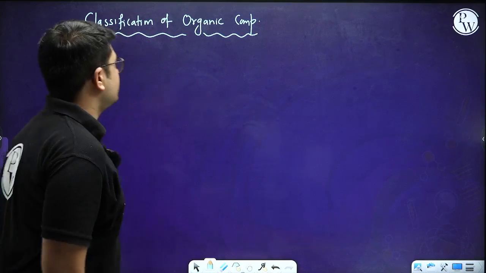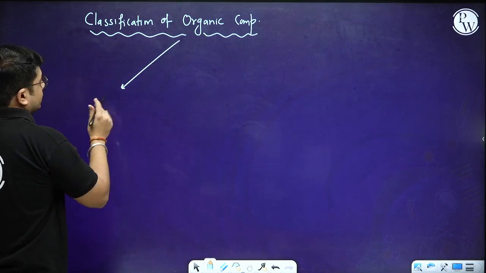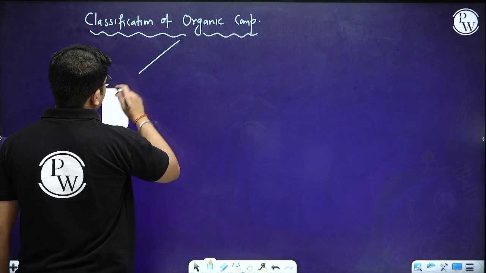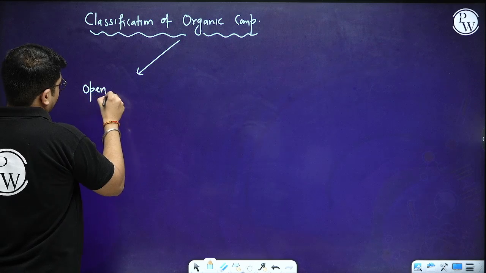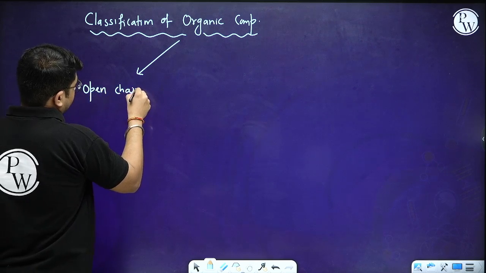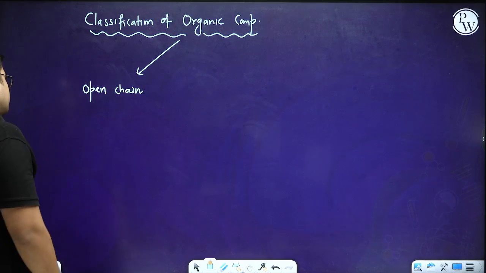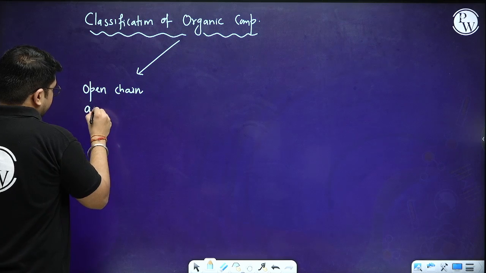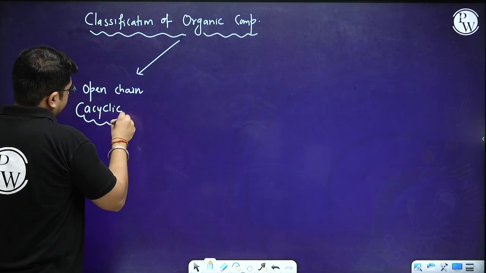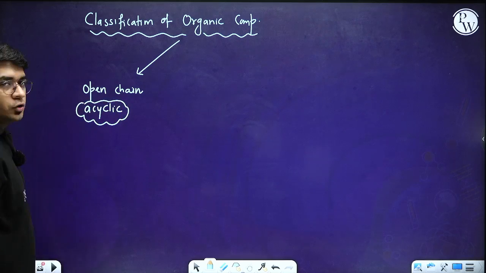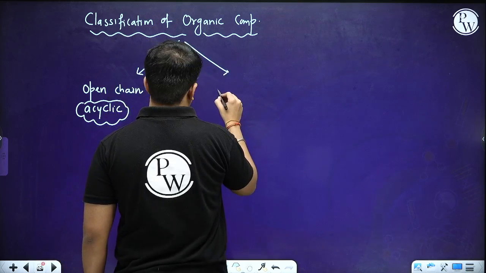So the first part is basically known as open chain organic compounds, or acyclic organic compounds.